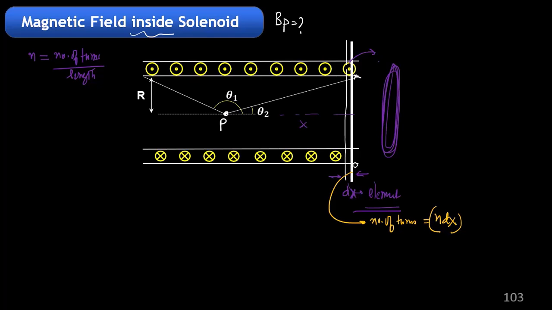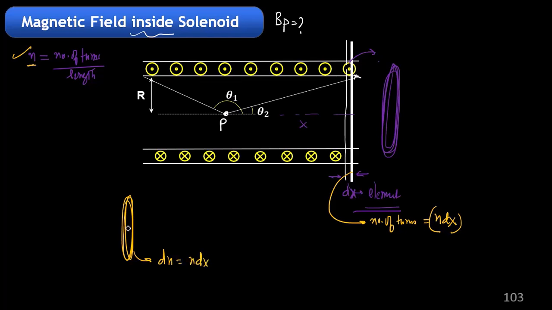Within that dx length, how many loops are there? That is small n multiplied by dx. So there is a coil of turns dN, that is equal to n into dx.